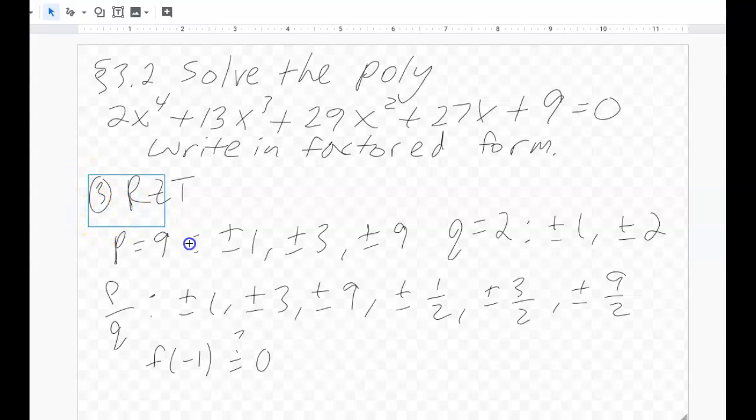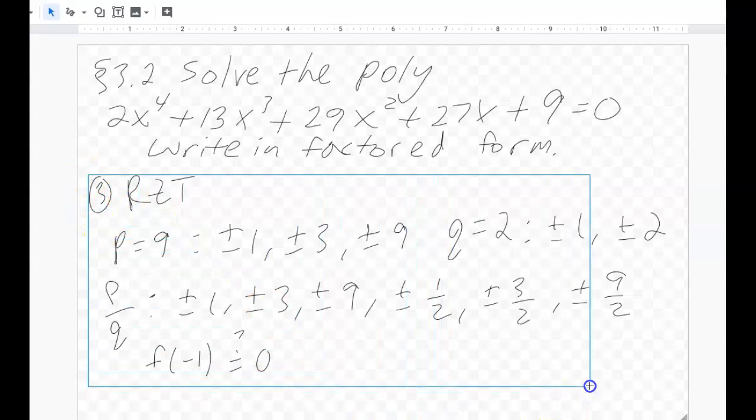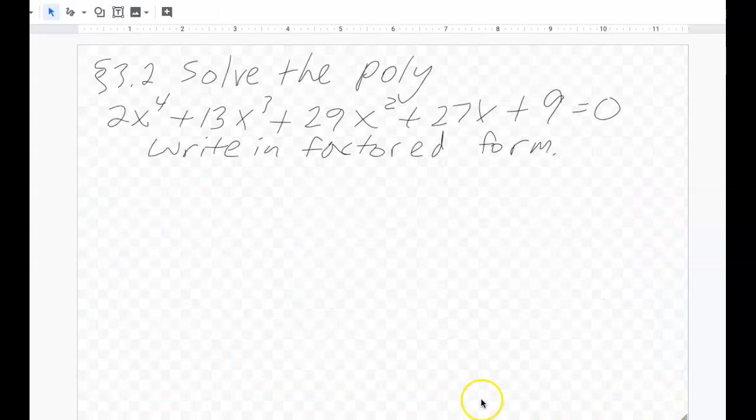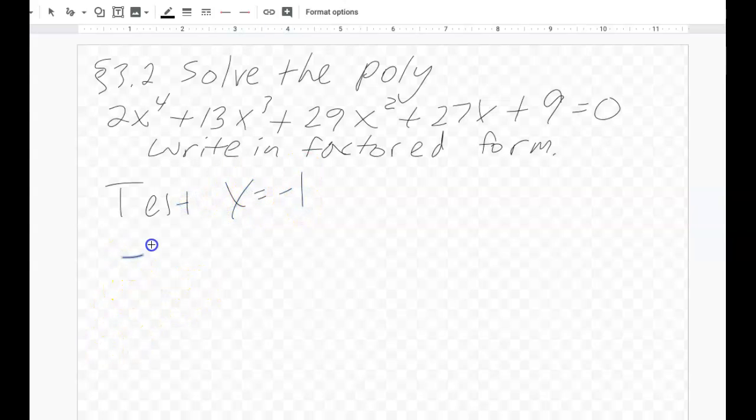Alright, so let's get rid of all of this. And so, test x equals -1. And so with synthetic division, this will be -1.